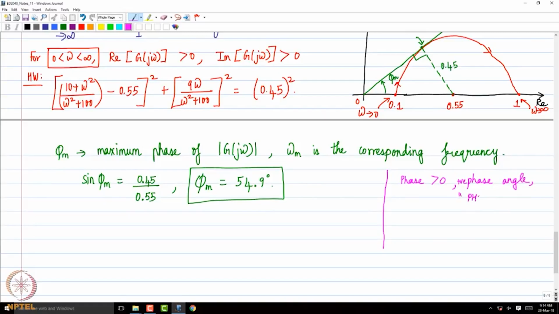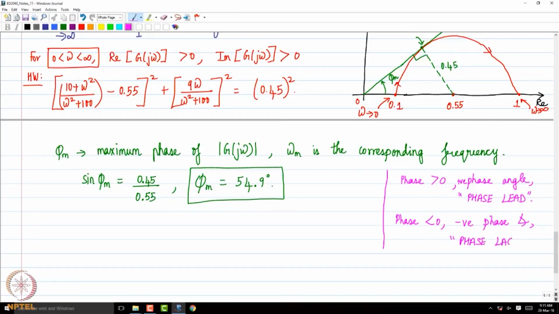It is also called phase lead, or lead factor. But if you have a negative phase angle, phase less than 0, that is what is called a phase lag.